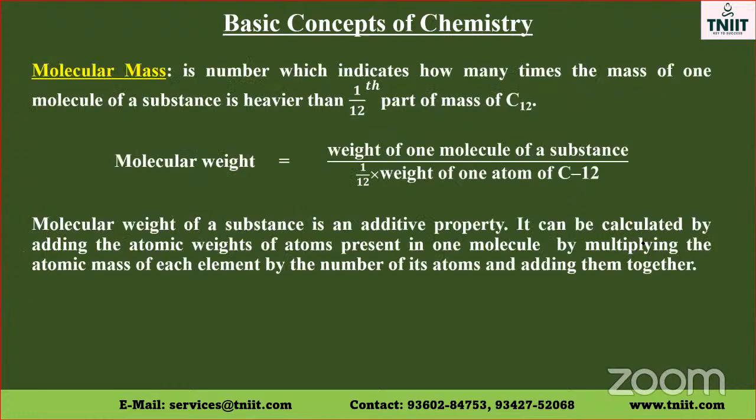The next is molecular mass. Molecular mass has a definition similar to atomic mass. Molecular mass is defined as the ratio of the weight of one molecule of a substance to 1/12 the weight of the carbon-12 isotope. It is a number which indicates how many times the mass of one molecule of a substance is heavier than 1/12 of the carbon-12 isotope.